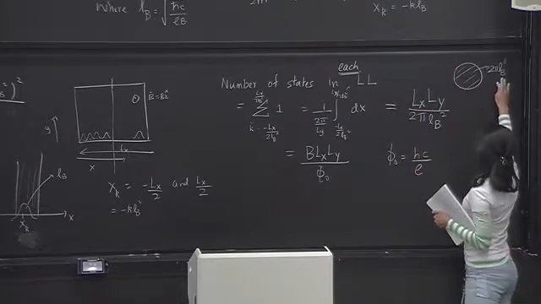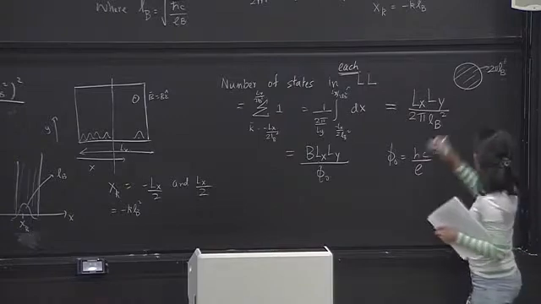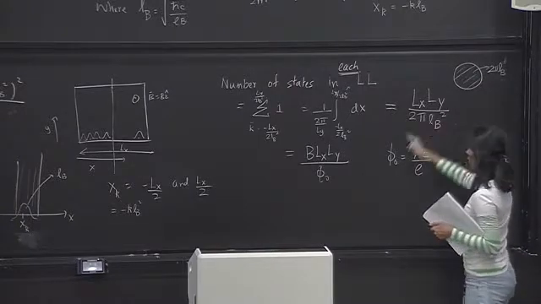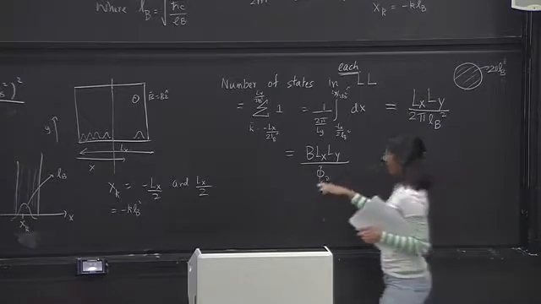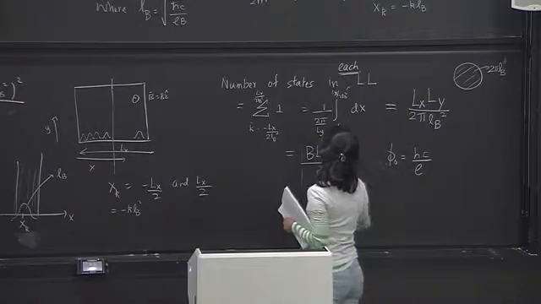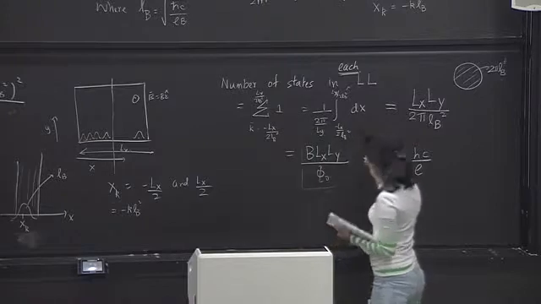So this length gives you an associated area. And if you ask how much flux penetrates this area, it gives you a fundamental unit of flux called the flux quantum. And so this is another way to write down what the degeneracy is.